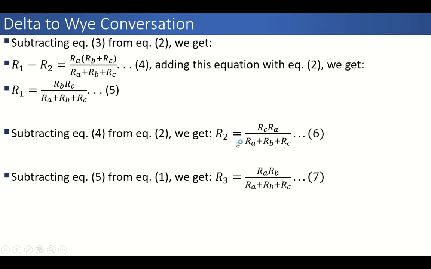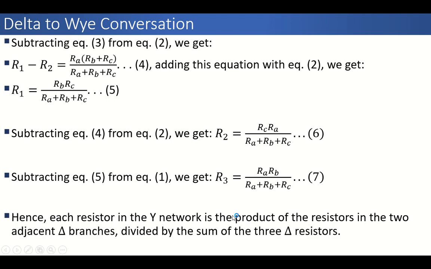If we are computing R2, you can see that RB is not present, only RC and RA are present. And similarly, if we want to compute R3, in this case in the numerator there is no RC term, but only RA and RB terms. So hence each resistance in the Y network is the product of the resistors in the two adjacent delta branches divided by the sum of three resistances.